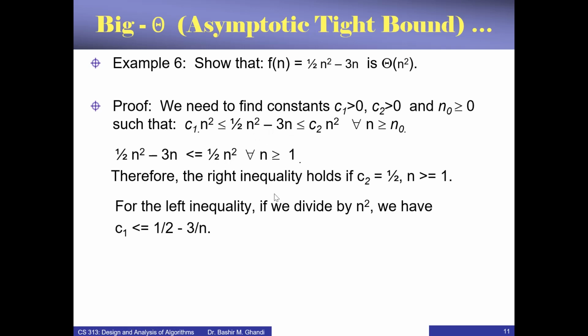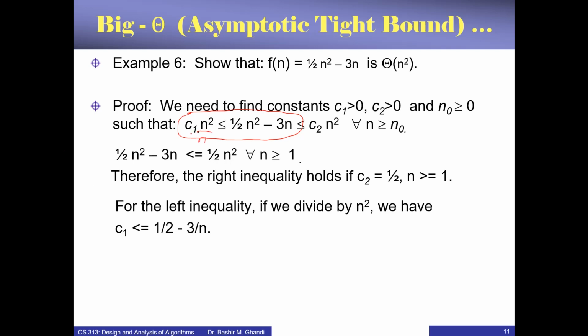Okay, this is the inequality we are trying to prove for the values of n greater than some n naught. So to find the C1, suppose we divide both sides of the inequality by n squared.